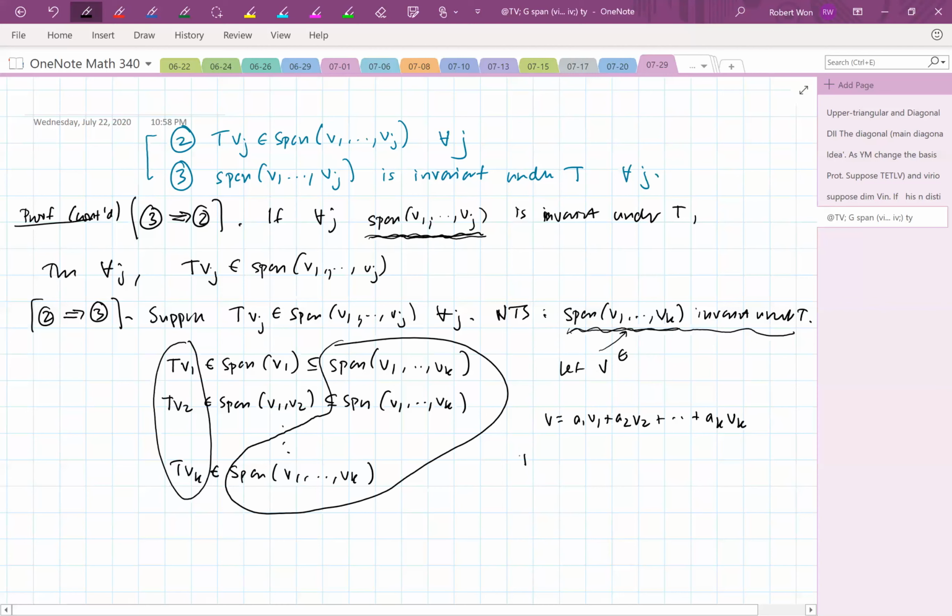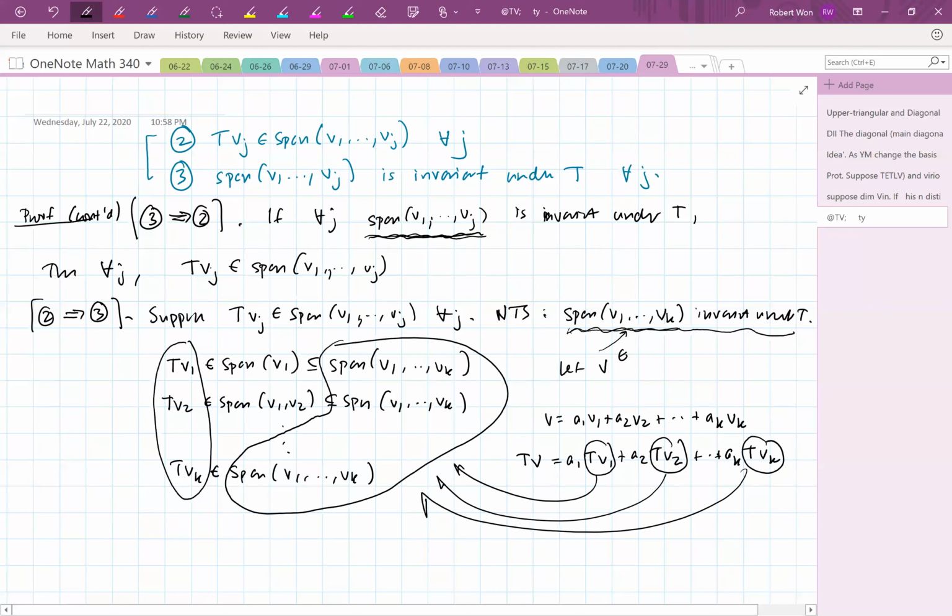So then T of V, I'm trying to show that T of V ends up in the same subspace, but T of V is A1 T of V1 plus A2 T of V2 up through AK T of VK. And now, by assumption, each of these vectors is in this subspace. So I'm taking a linear combination of vectors in the subspace. That means that T of V is in fact in the span of these k basis vectors.